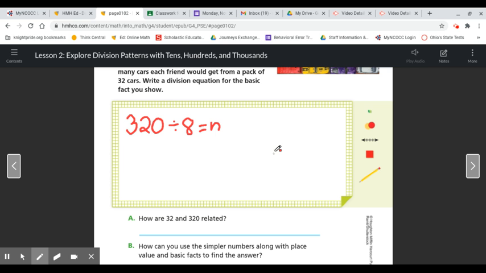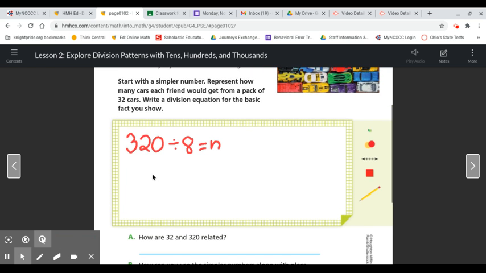8. Now I want you to look carefully at this equation and see up here at the top, right above, it told us to start with a simpler number, represent how many cars each friend would get from a pack of 32 cars. So look at this number 320 and think about 32.